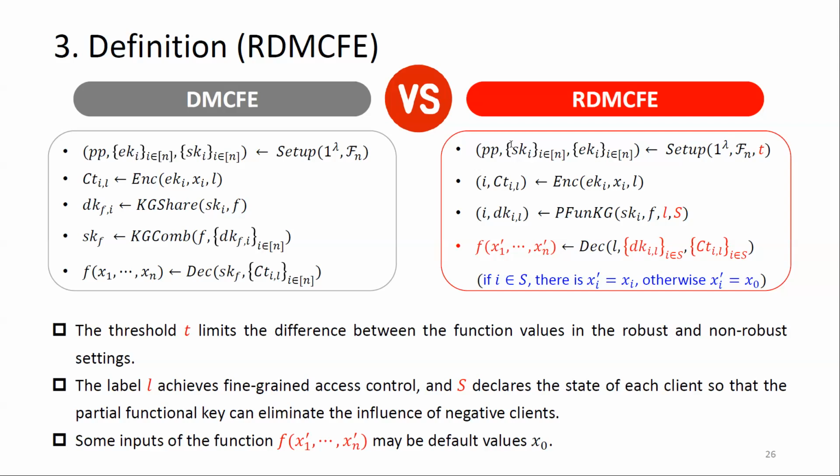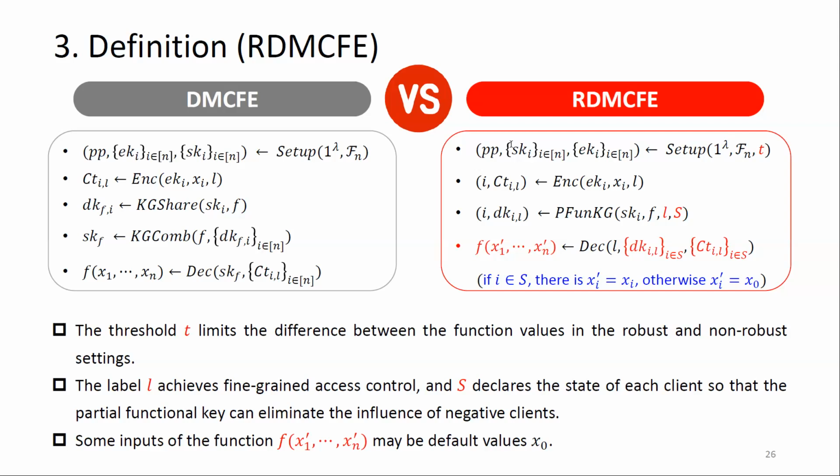Second, the partial functional key generation algorithm additionally includes the label L and the set S of positive clients, where the label L achieves fine-grained access control, and the set S declares the state of each client, so that the partial functional key can eliminate the influence of negative clients.